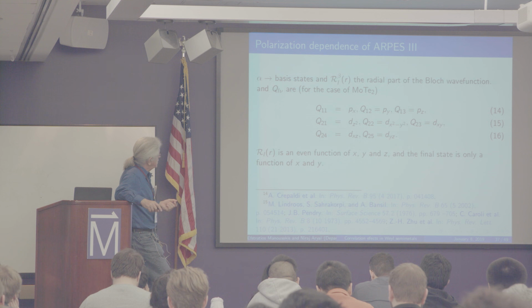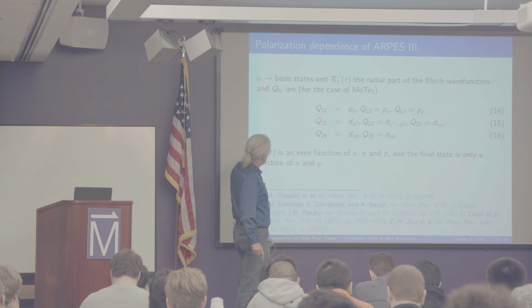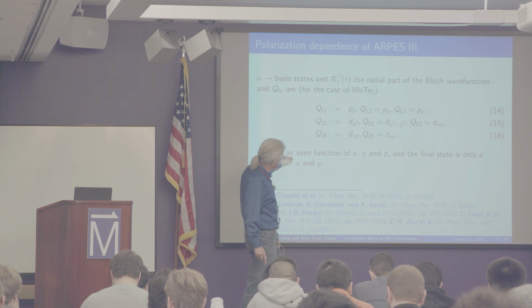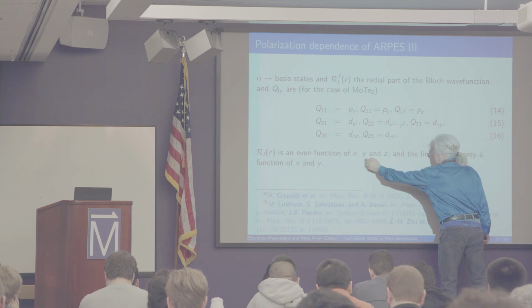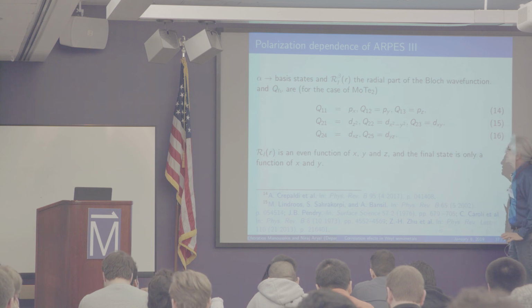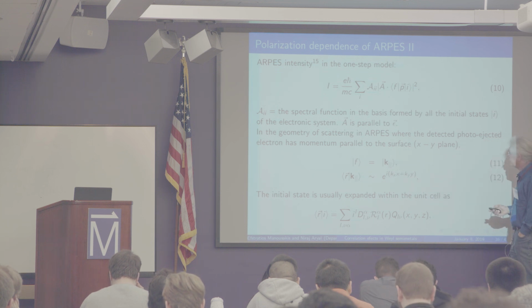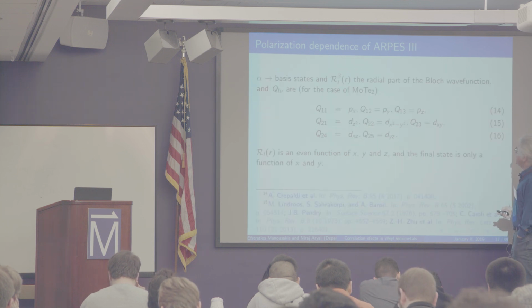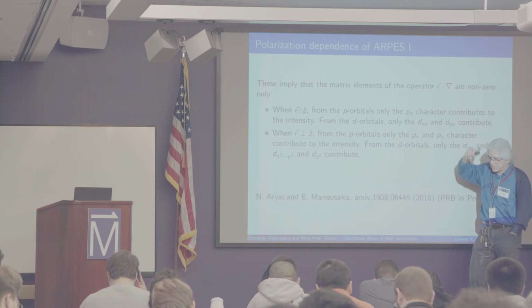Because this radial part is even with respect to parity, it is an even function of x, y, and z, and the final state is only a function of x and y, and the operator that we are interested in is a vector operator.